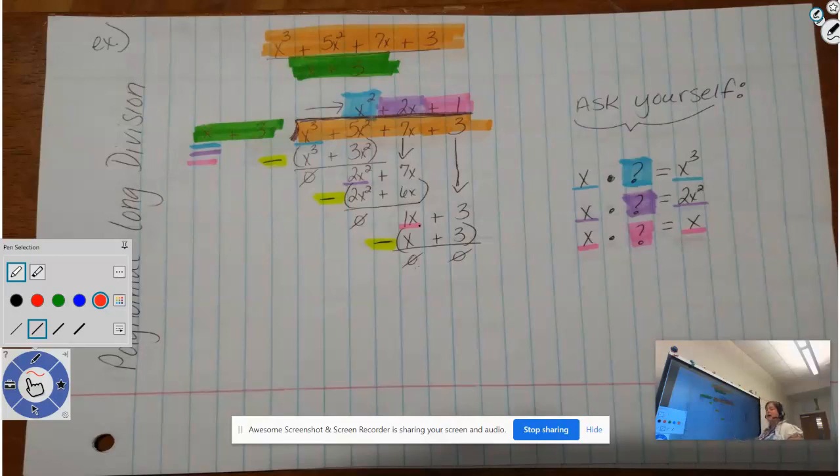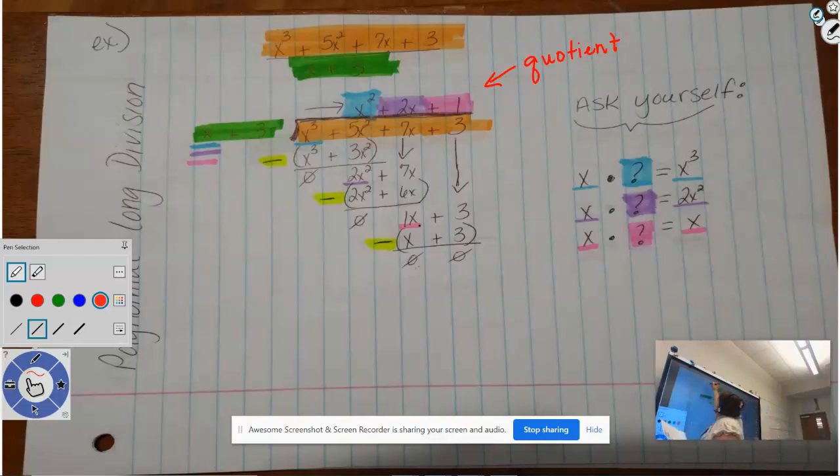All right, so some common language that we're going to use when we're talking about division problems. You probably know this. The answer to a division problem is called the quotient. When we get to the answer of any division problem, it's called the quotient.